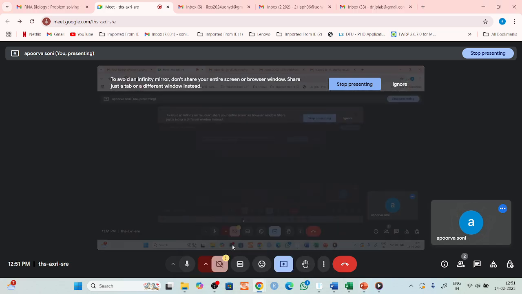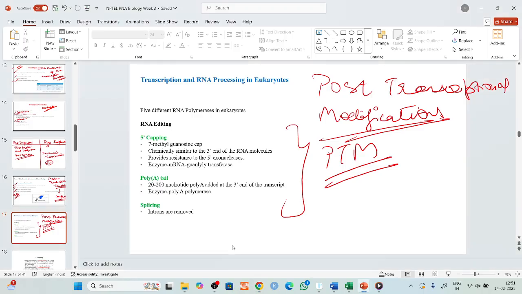The enzyme which is required for the addition of the 7-methyl guanosine cap is guanylyl transferase. So this guanylyl transferase enzyme is required for this 5 prime capping. Then poly A tail. This is your RNA.